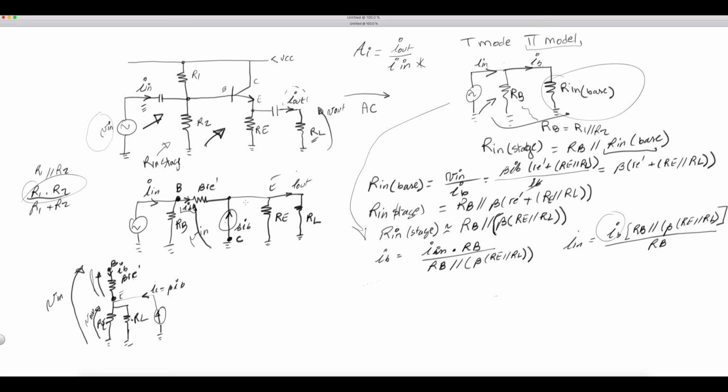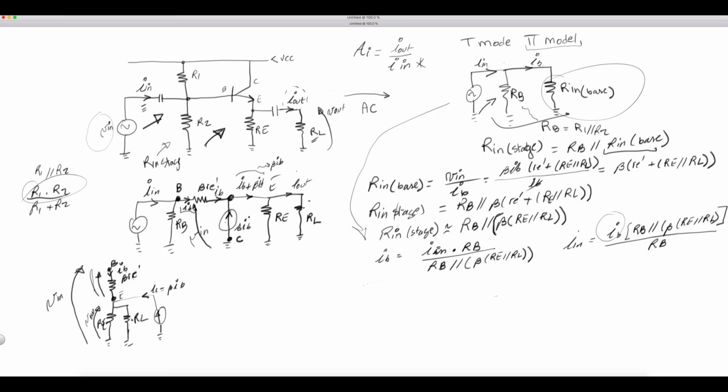The answer is absolutely. What is the current going through here? Think about it. That is IB plus beta IB. In other words, this is almost equal to beta IB, if you want to simplify it that way. So the current going through these two resistors together is IB, which is the current here, plus this current IC, which is beta IB, right?